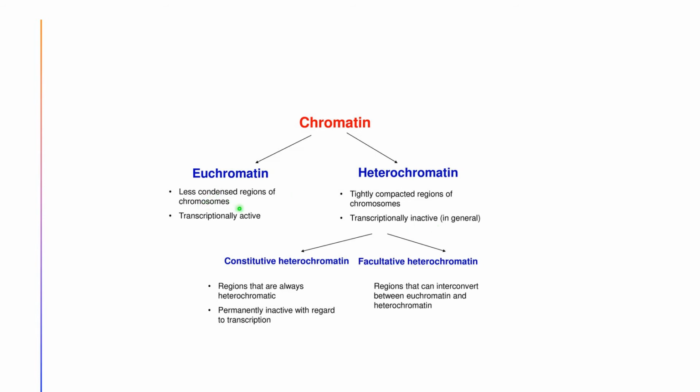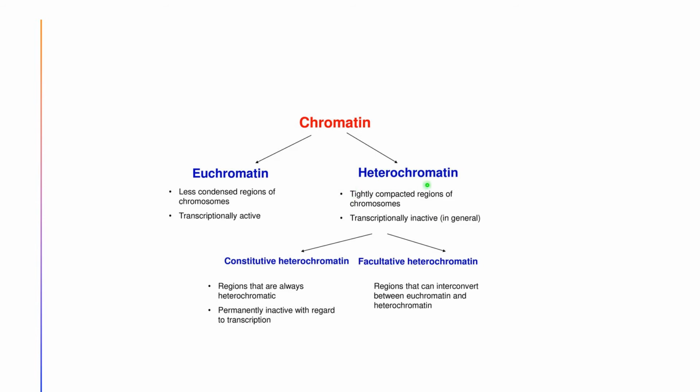Now, why is that? Because the DNA is easily transcribed. The transcription takes place over here very easily because these regions are less condensed. They are not that compactly packed. But in heterochromatin, the DNA is not that exposed. So the transcription is not that easily done over here. So it is transcriptionally inactive.